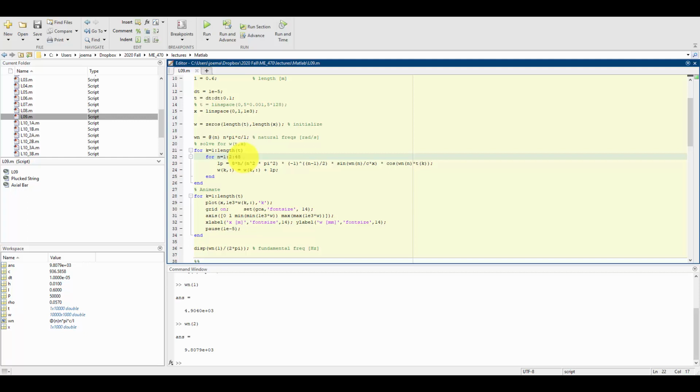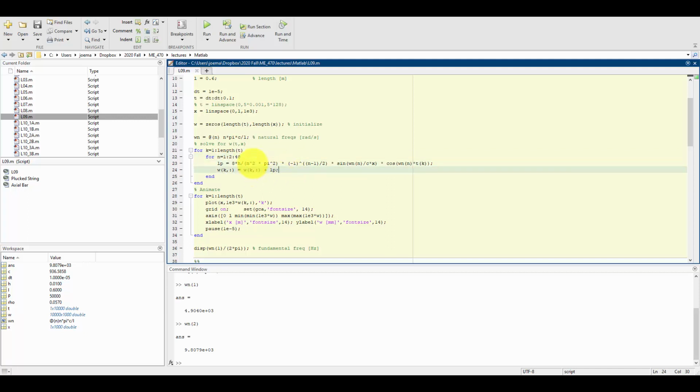So in this for loop, I am only doing odd values since I know it's going to be 0 otherwise. Now, it's not a big deal. I could have defined it using that sine of n pi over 2, but I am using that little bit more compact solution in the way that I'm doing it.